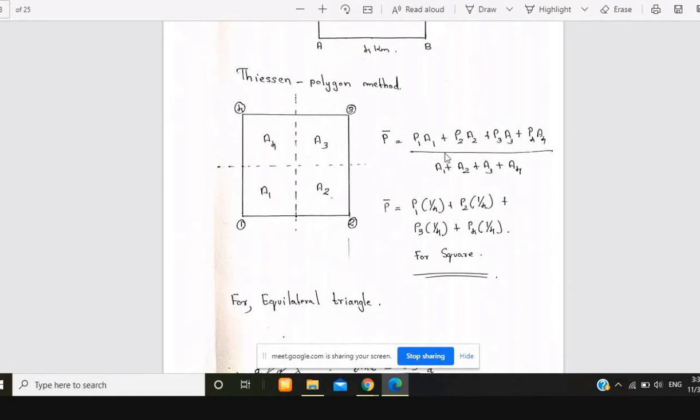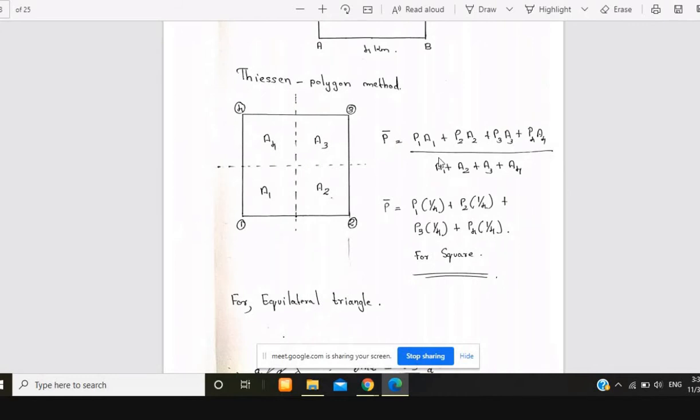So that weightage Ai by A will be 1/4 if the polygon obtained is a square. So you need not calculate the area. You can just substitute 1/4 instead of A1 by the total area. So the calculation will be easy: P1 into 1/4 plus P2 into 1/4 plus P3 into 1/4 plus P4 into 1/4.